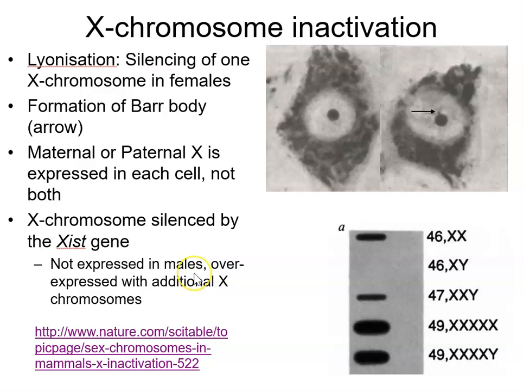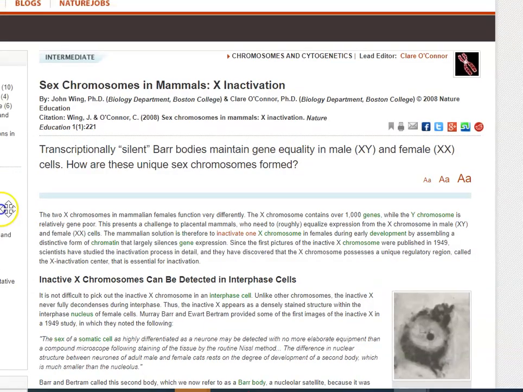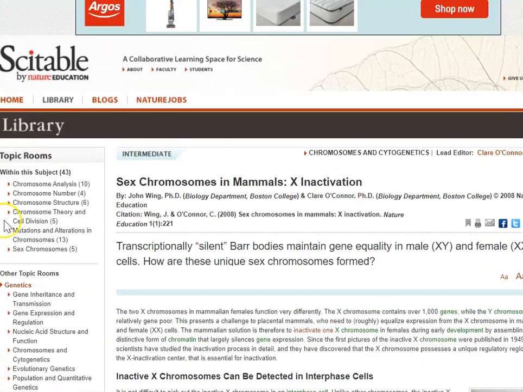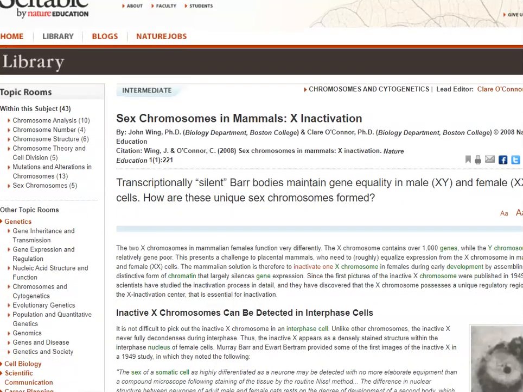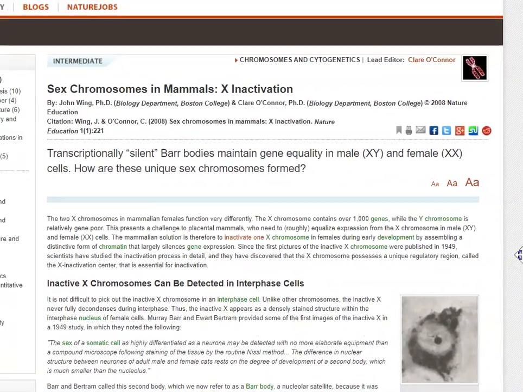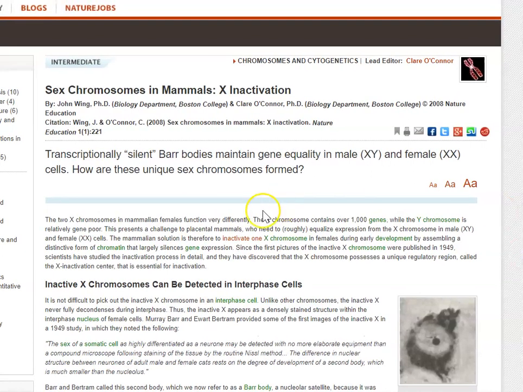Now, if you're interested in more about X chromosome inactivation, it's worth taking a look at this particular link here. It's from a really good site called Scitable, from Nature Publishing Group, Nature Education, with some really good articles on general biology and genetics in particular.